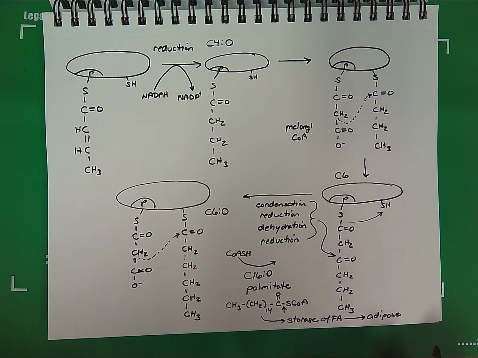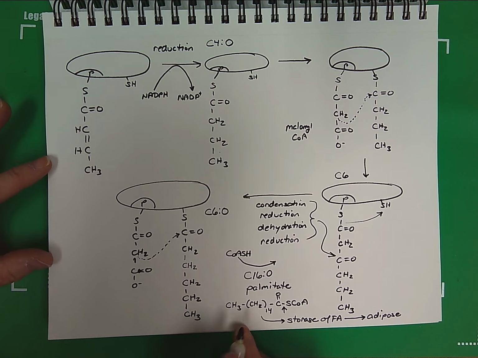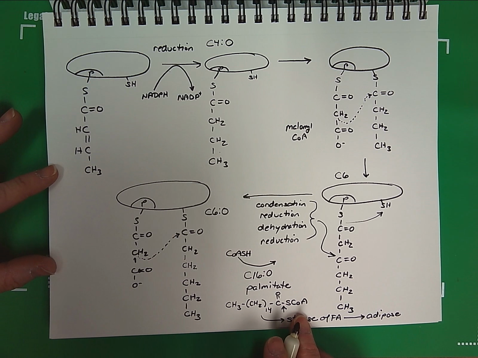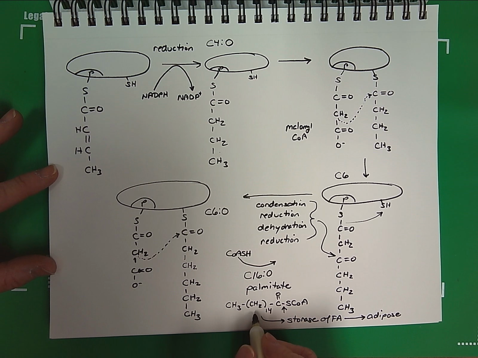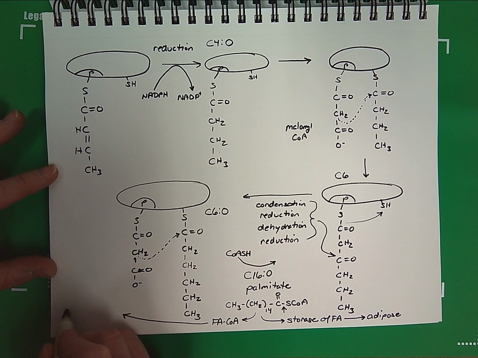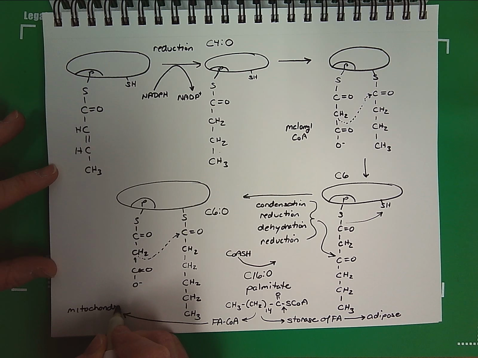Now, the one more piece of information here is that once we generate this fatty acyl CoA, what would prevent this from entering the mitochondria and being subject to beta oxidation?